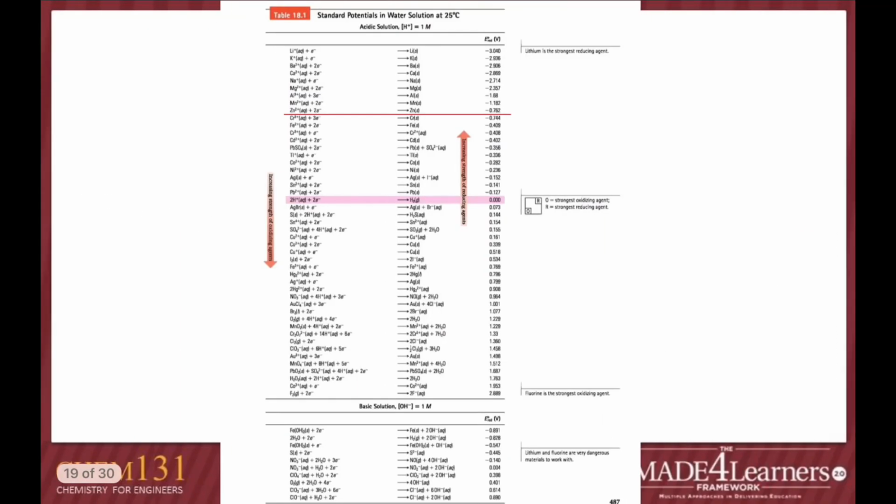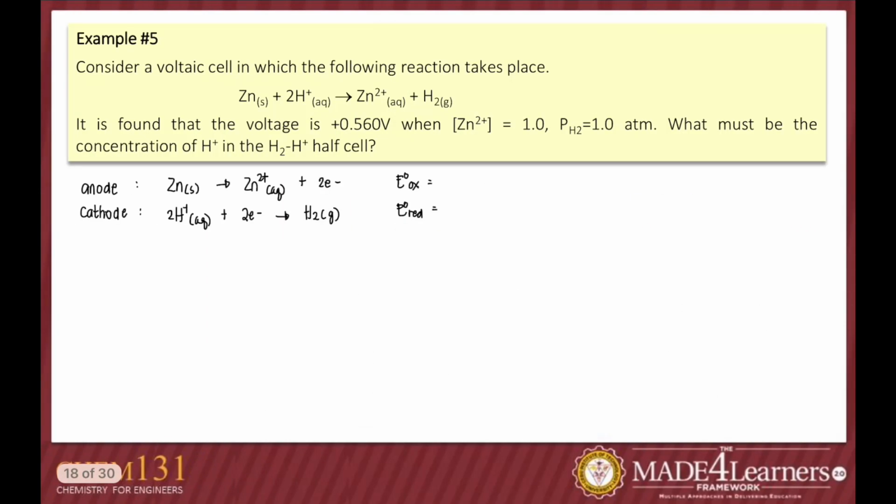So for zinc, it becomes positive 0.762 volts, and this is 0 volts, so the standard cell voltage is positive 0.762 volts. And obviously we can see that N is equal to 2. We are going to need this for the Nernst equation.